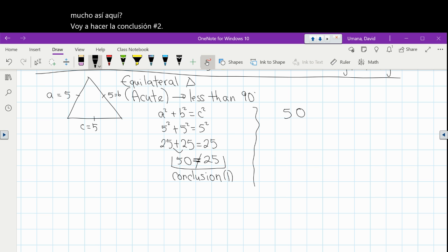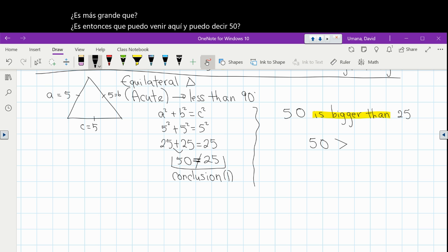50 is bigger than 25. Now the cool thing about bigger than is that then I can come over here and I can say 50 is bigger than 25. Larger than, bigger than, greater than.